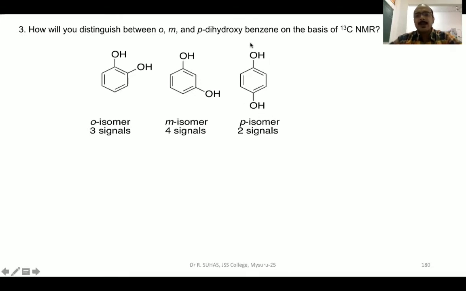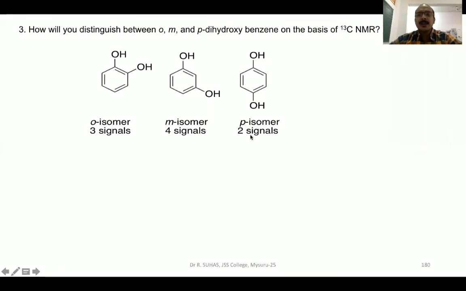Now coming to para, if you remember in the last module, we said that if you get the least number of signals in the CMR spectrum, then that substituent will be the para isomer. Why? This is para dihydroxybenzene. The two carbons bearing hydroxyl are present in the same environment, and all the other carbons of the aromatic region are present in one type of environment, and as a result you are going to get only 2 signals.